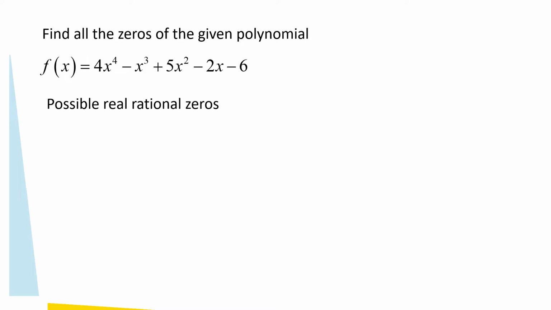So we're going to start out with the possible rational roots. I've got p is -6 and q is 4. So the factors of 6 are plus or minus 1, plus or minus 2, plus or minus 3, plus or minus 6. And over here the factors of 4 are going to be 1 and 2.